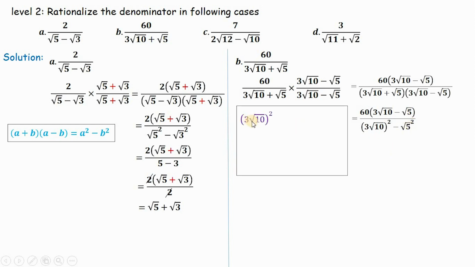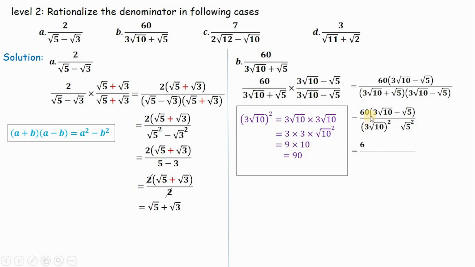And now here I have shown how to multiply this square. So 3 root 10 whole square means 3 into root 10 into 3 into root 10. So what we do is we'll multiply 3 and 3, and root 10 into root 10 becomes root 10 square. 3 into 3 is 9, and square root of 10 square is 10, therefore 9 into 10 is 90.